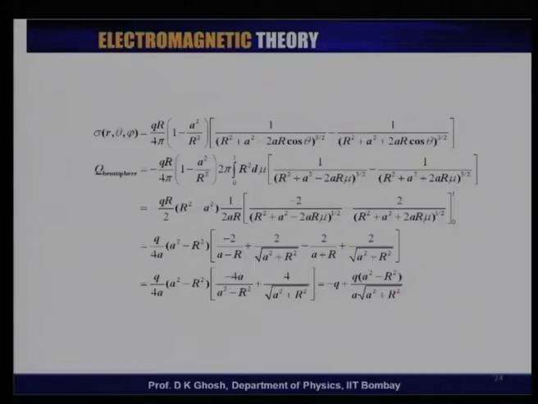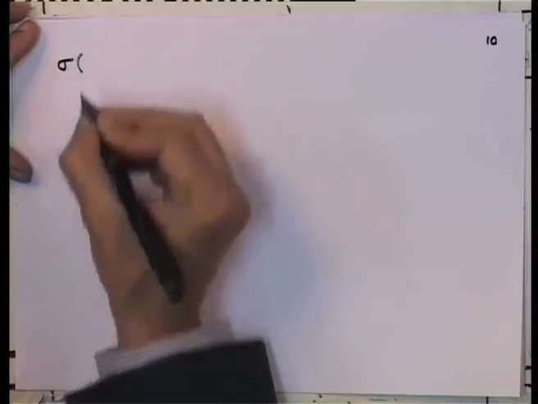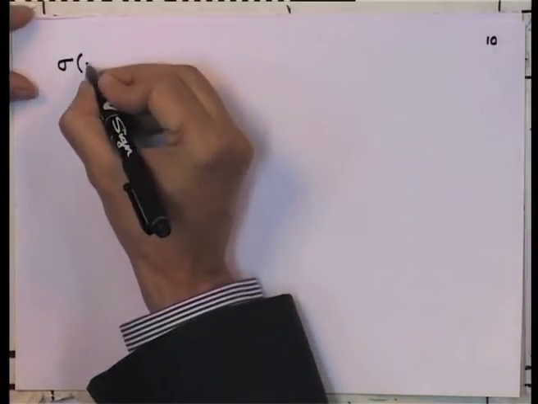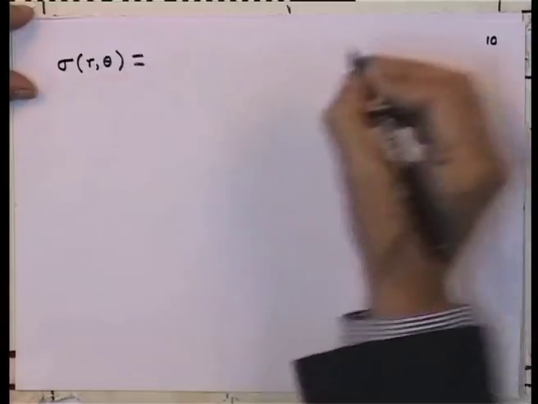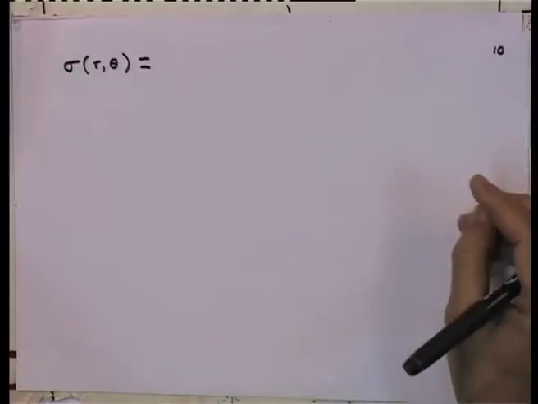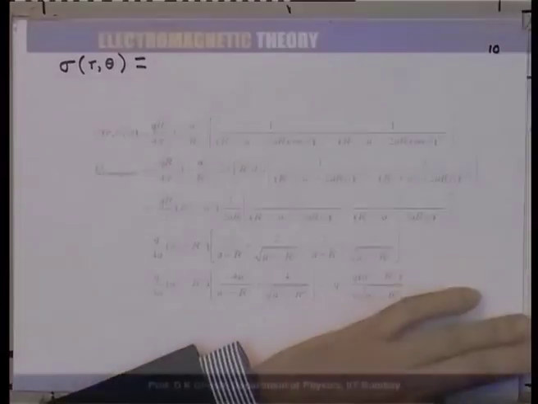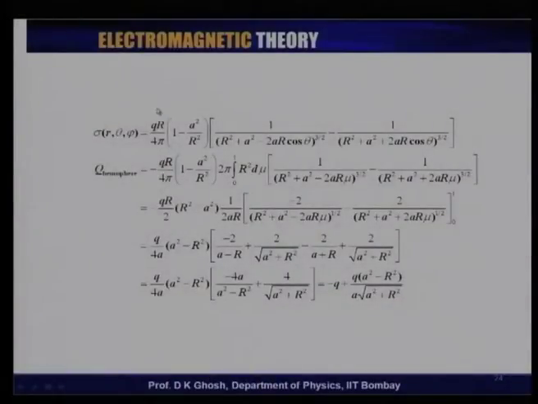But let us borrow the expression for the charge density, which is a function of r and theta. We had obtained this expression earlier, namely for a sphere it is q r by 4 pi, 1 minus a square by r square, into only the first term, 1 over r square plus a square minus 2 a r cos theta to the power 3 by 2.